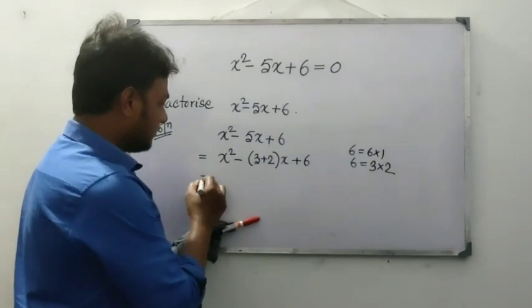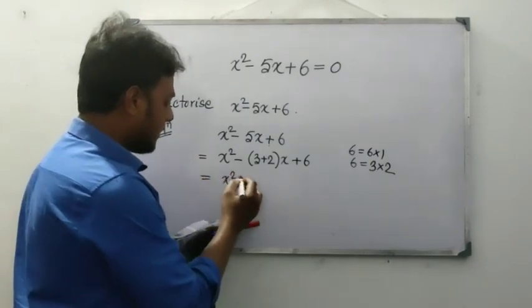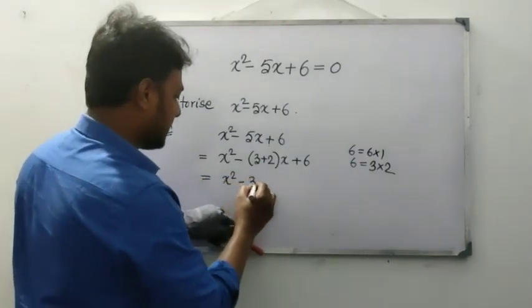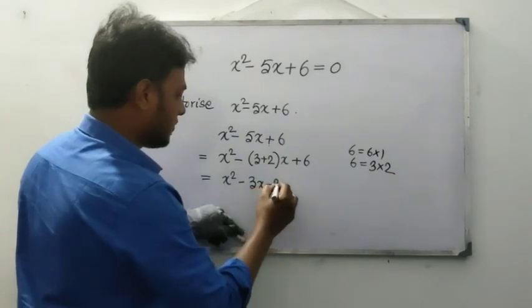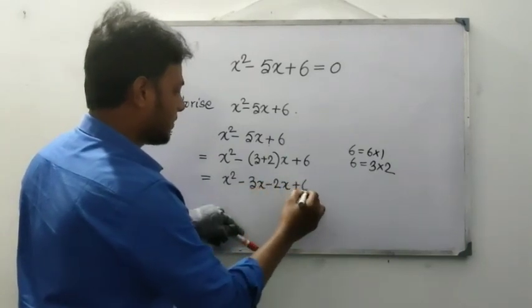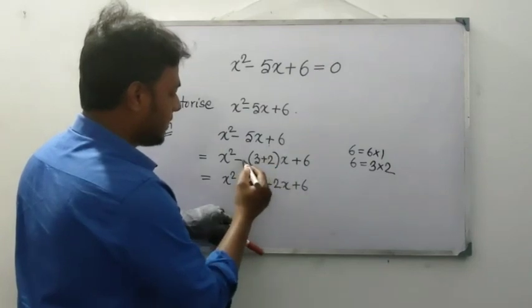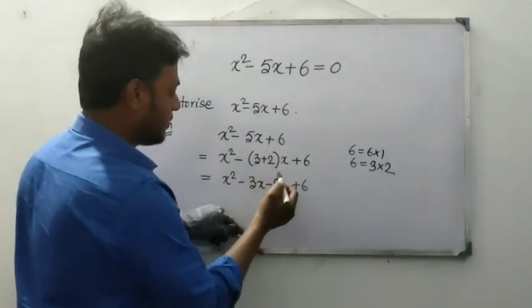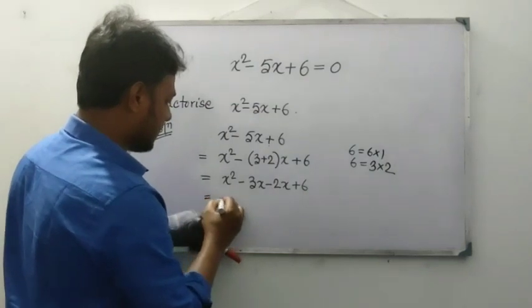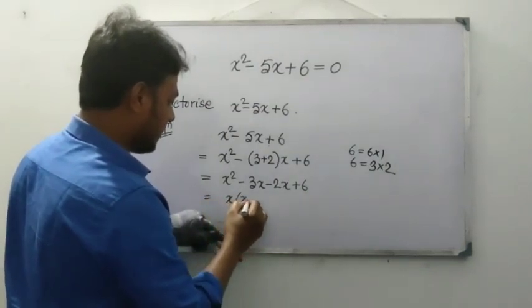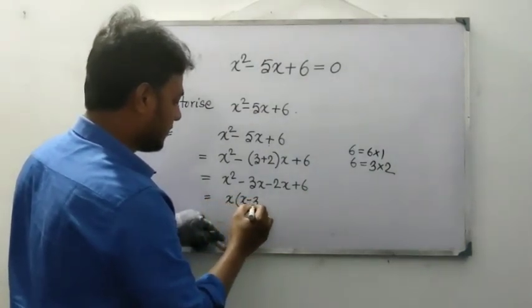Understood? x square minus 3x minus 2x plus 6. Here just multiply, distributive property. 3x minus is there, so plus minus 2x plus 6. After that take common x, then it will be x minus 3.